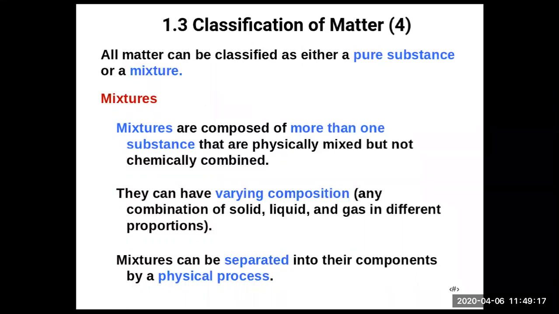That's why you cannot give it a definite formula. It can change, and it always changes depending on the mixture you're preparing. And so mixtures can be, I gave an example of a solid in a liquid, but that can be a gas in a liquid, or a solid in a solid, or a liquid in a liquid, or mixtures of gases, right?